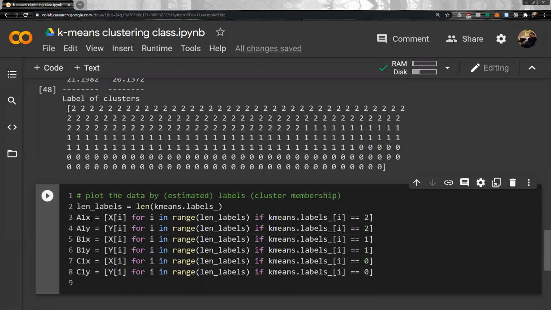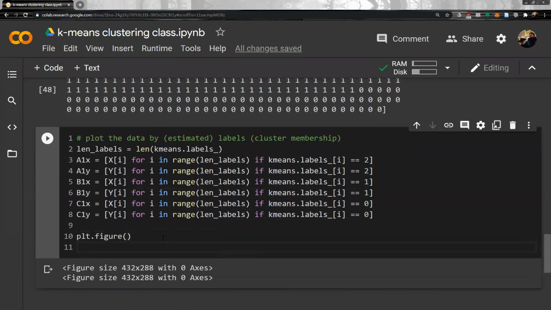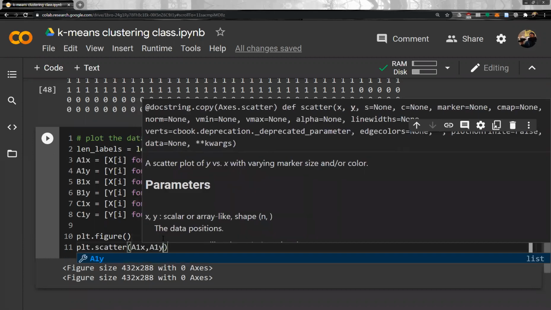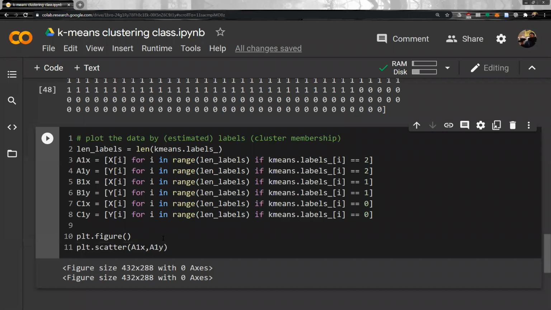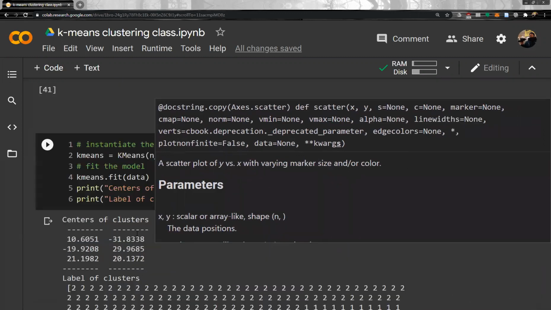So I think we can generate the graph again. Let's generate a figure such that for scatter, again plt.scatter, A1X and A1Y, and now the color. What was the color of A?